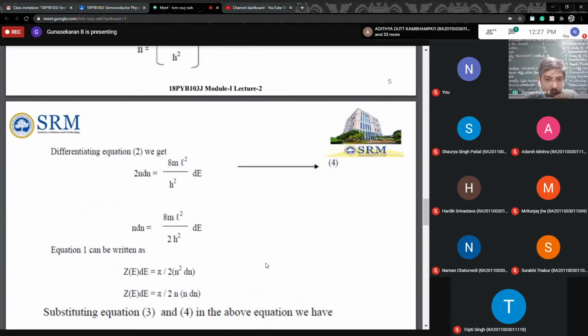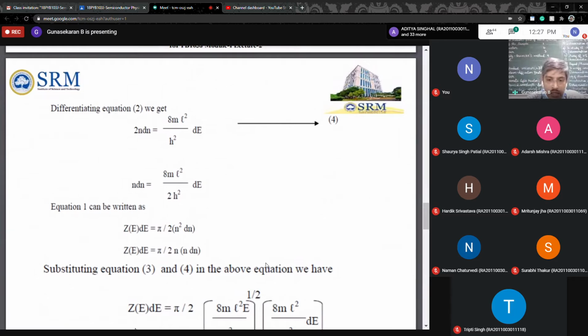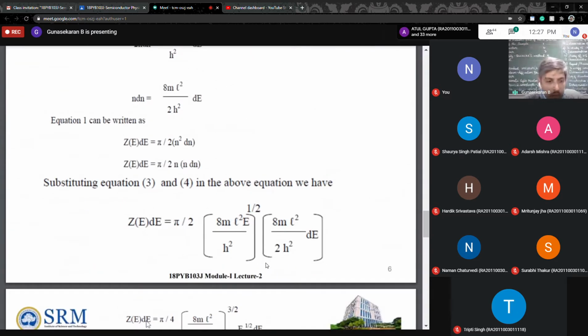I substitute both in this equation. Here the Z of E dE is equal to pi by 2 times 8m l square E by h square whole power 1 by 2, that is n, and n dn is given by 8m l square by 2 h square dE.